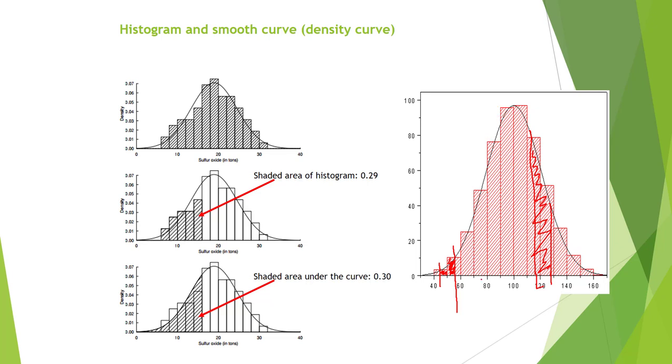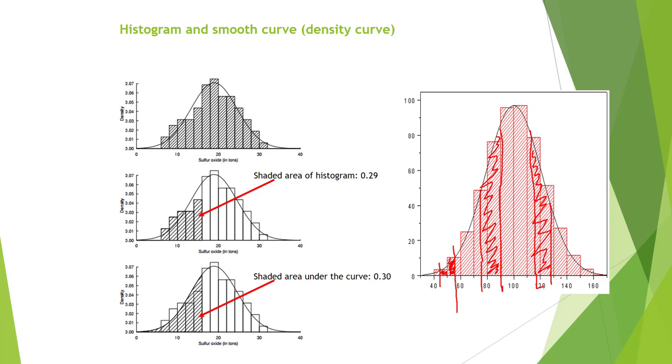And if you want this interval, from this line to this line, and you ask what's the percentage of homes within this particular interval, I will be able to calculate the area of this interval and tell you the percentage of homes within it.